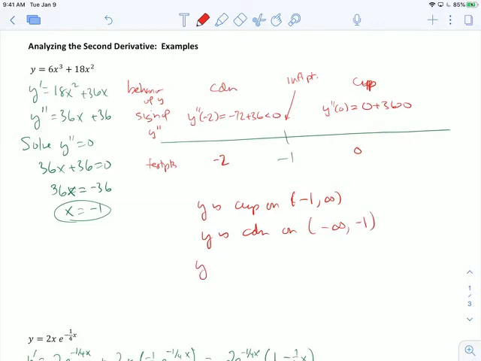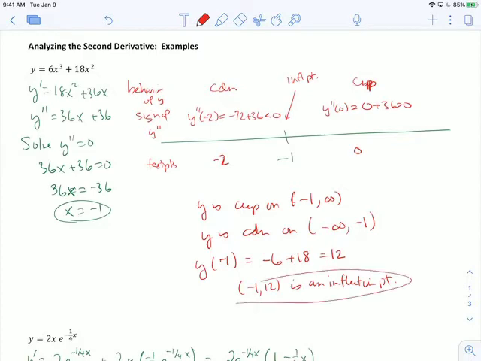And y of negative 1, which is going to be equal to negative 6 plus 18, it's 12. So negative 1, 12 is an inflection point. So we've got an inflection point. We've got our intervals of concave up and concave down.